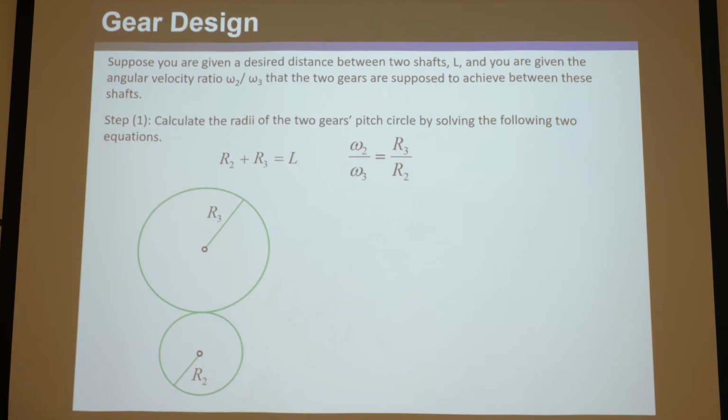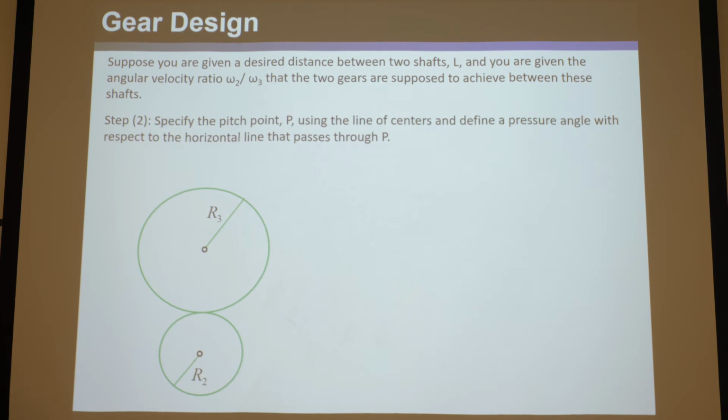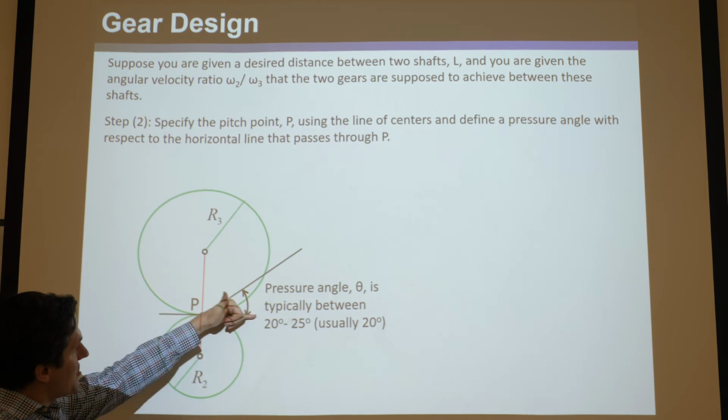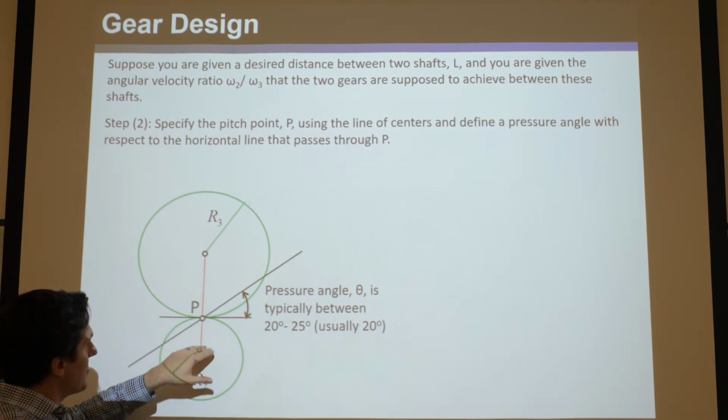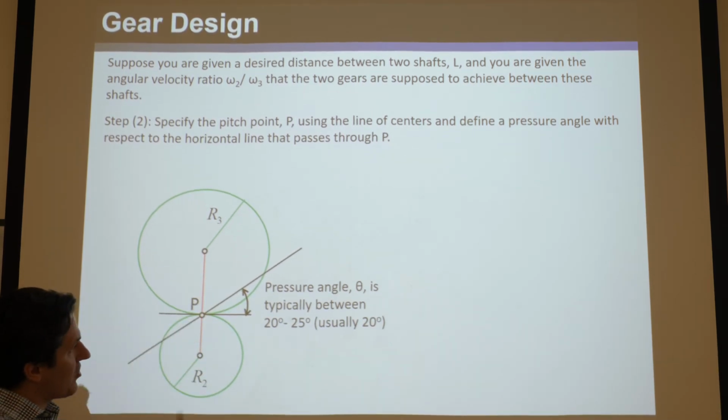Okay, so step 2 is now specify the pitch point, which is obviously where those two circles touch. Then define the line of centers, which is the red line between the two centers of the circles. Then define a pressure angle with respect to the horizontal line that passes through P. We draw this tangential line that's perpendicular to the line of centers, and we have to define a pressure angle now.